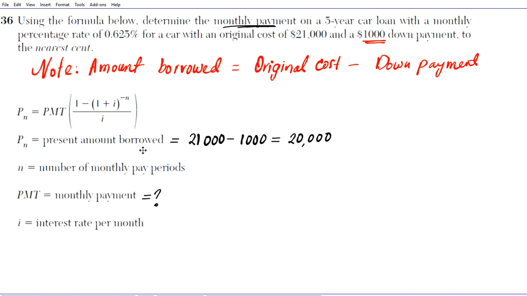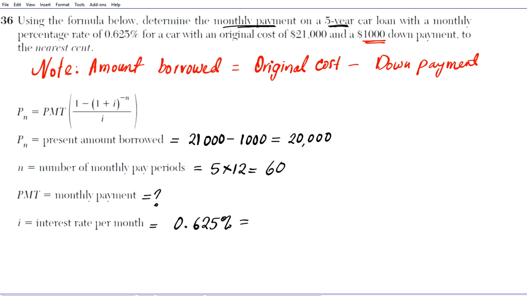Number of monthly pay periods. We have 5 years. How many months are there in 5 years? We know that there are 12 months in a year. So for this particular problem, we are going to compute 5 times 12, which is 60 months. Interest rate is 0.625%. You want to be careful when computing calculations using percentage, you have to convert it to decimal form.